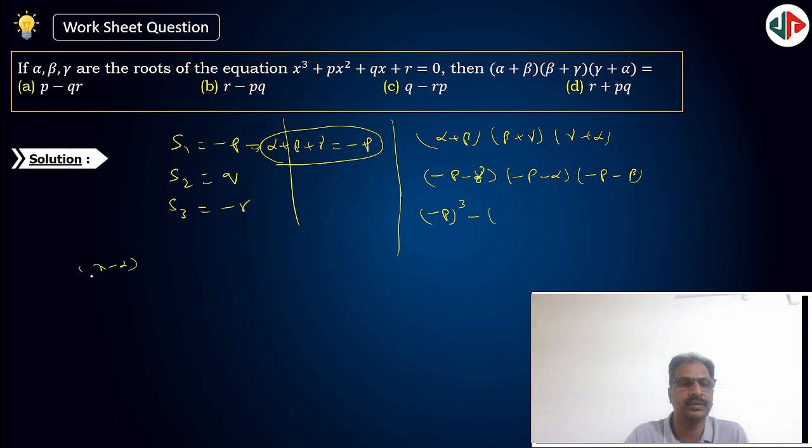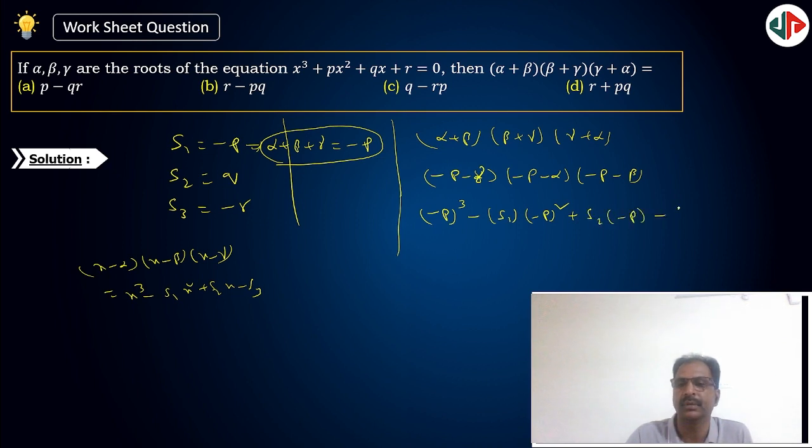Here, x minus alpha, x minus beta, x minus gamma, the product of these three is x cube minus s1 x square plus s2 x minus s3. Instead of x, we have minus p. What is s1 into x square, minus p whole square, plus s2 x, minus p, minus s3.